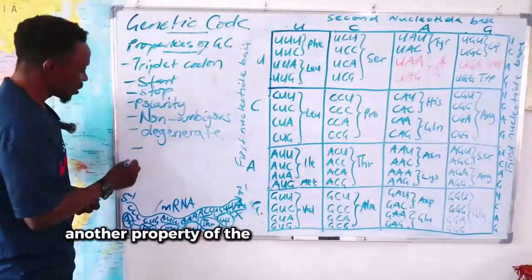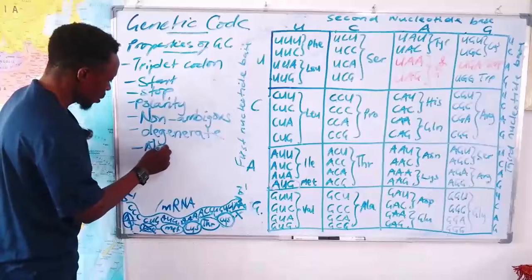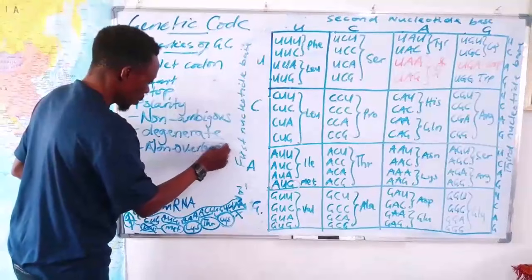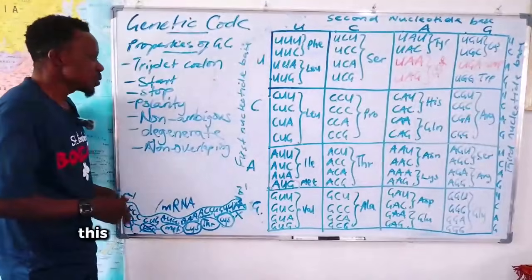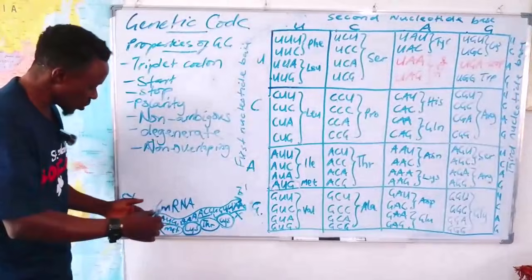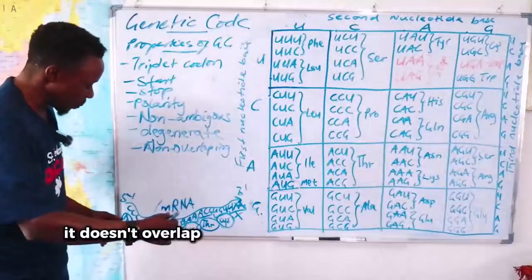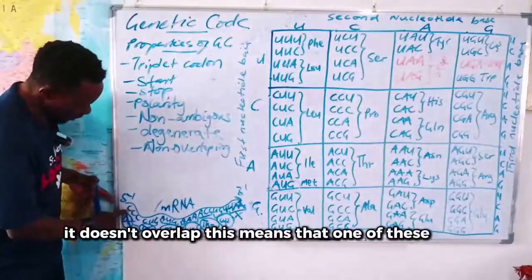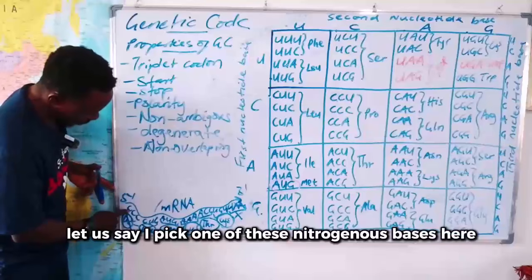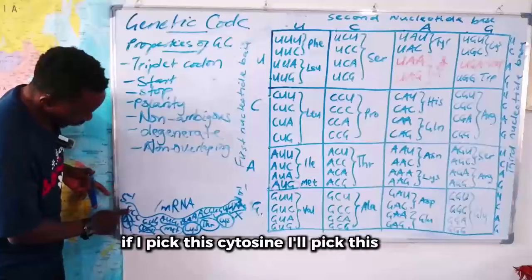Another property of the genetic code is that it is non-overlapping. This means that when you are reading a triplet codon, each of the triplet codons stands alone. It doesn't overlap. Let us say I pick one of these nitrogenous bases, this cytosine, I pick this 1, 2, 3.